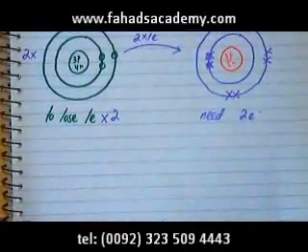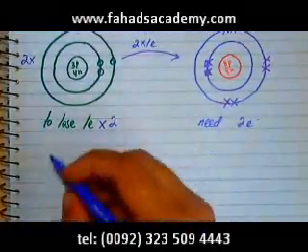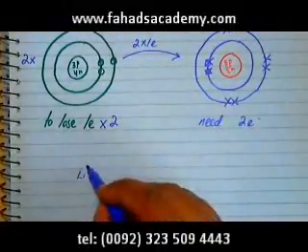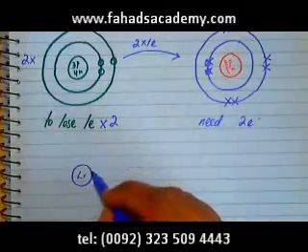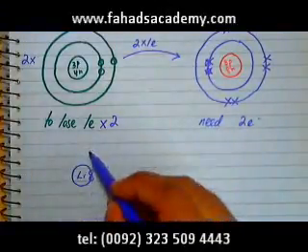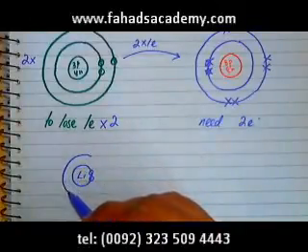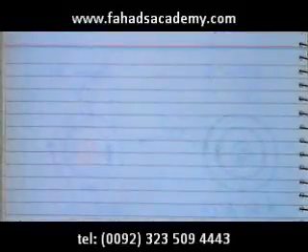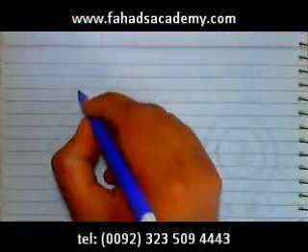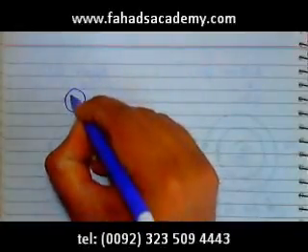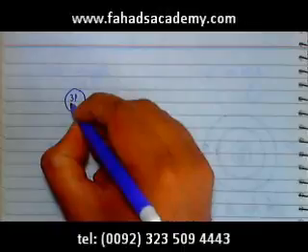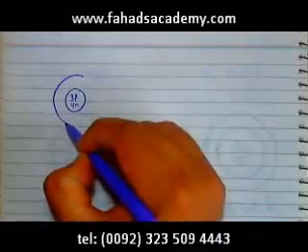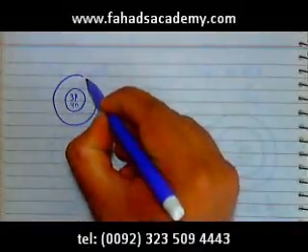So if I redraw the atomic structures of these, lithium would lose one electron. So you'd have lithium. There would be two electrons in its first shell. Now I'm going to redraw lithium. Lithium had three protons, and it had four neutrons, and it had two electrons in its first shell.